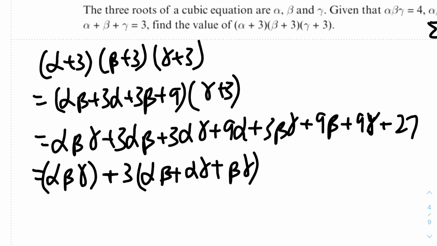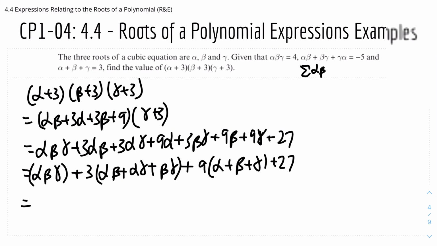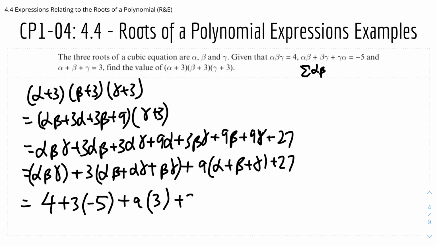So let's just do the sum of roots first. It'll be plus 9 times alpha plus beta plus gamma and plus 27 at the end. So alpha beta gamma, as you see from the question, is 4. So it will be 4 plus 3 times alpha beta plus alpha gamma plus beta gamma, which is equal to minus 5, so times minus 5, plus 9 times the sum of roots, which is 3, plus 27.